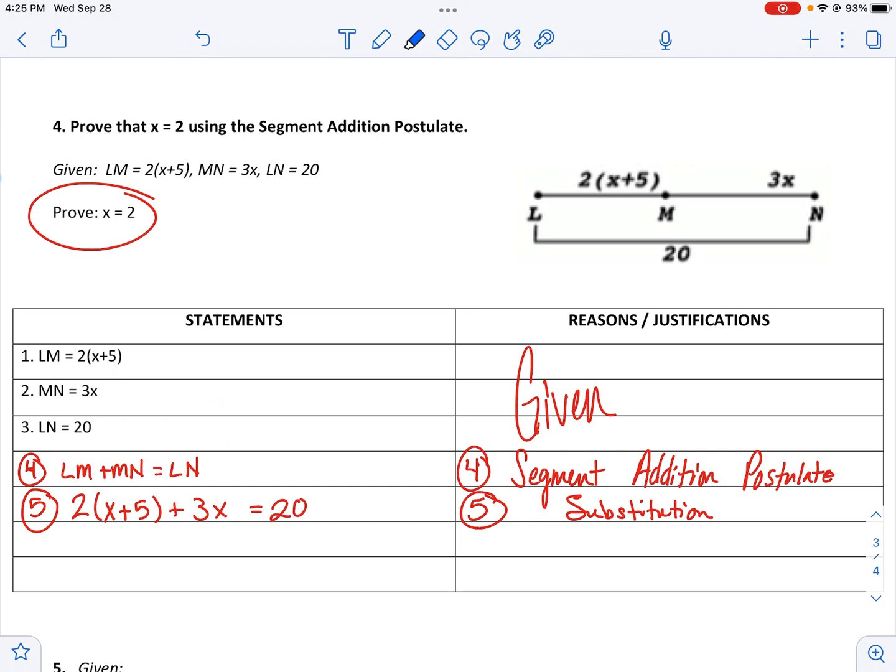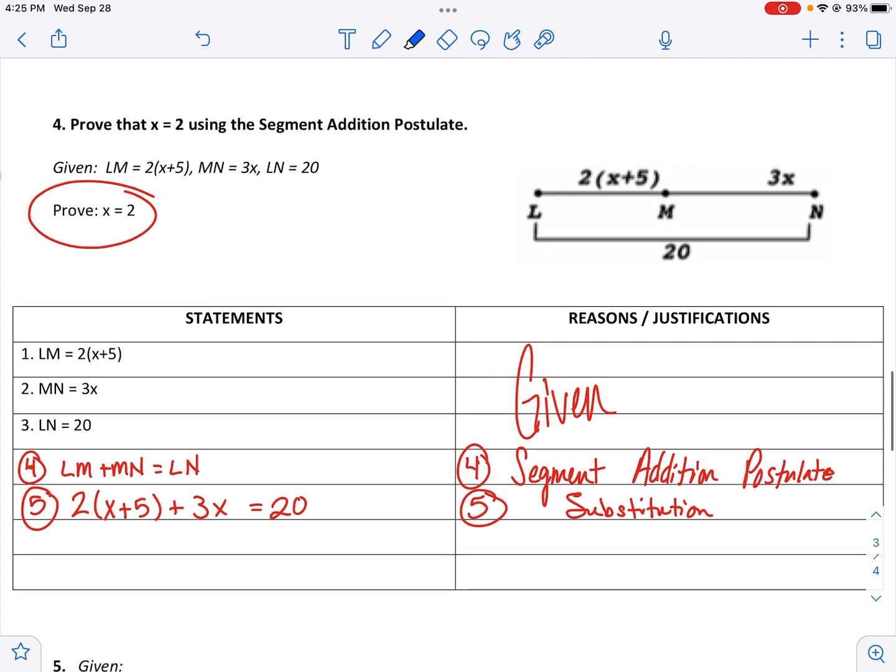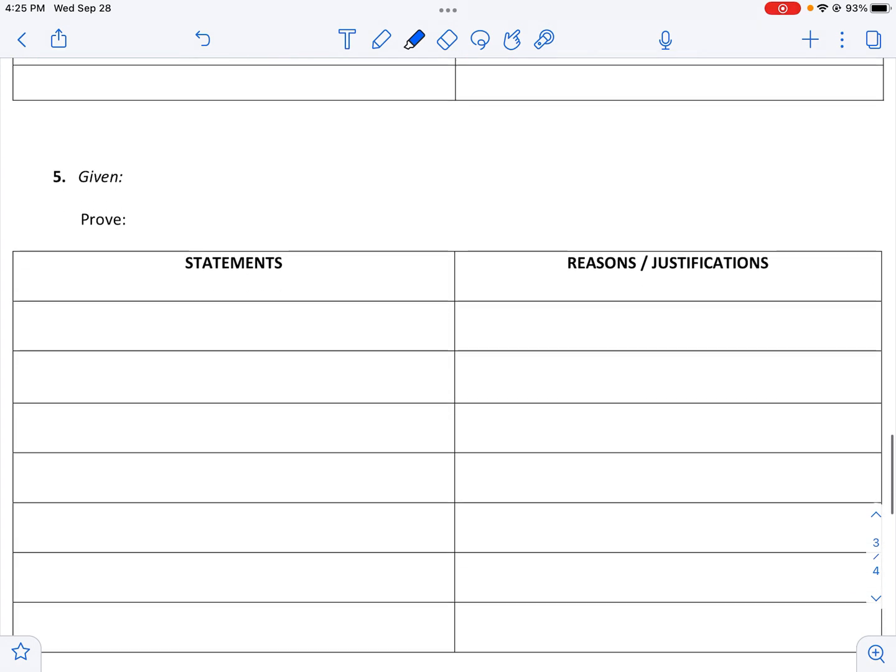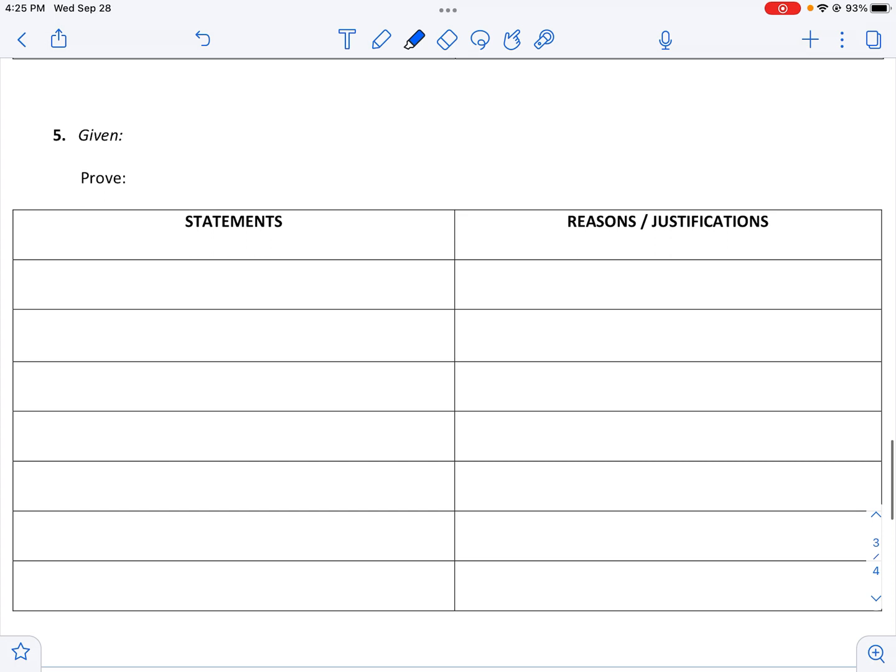Really, once we get to algebra, it's not that bad. But setting it up from the givens to your postulate or your theorem or your relationship between the different objects to substituting, that's the part that really gets us stuck. Why don't we try one more?